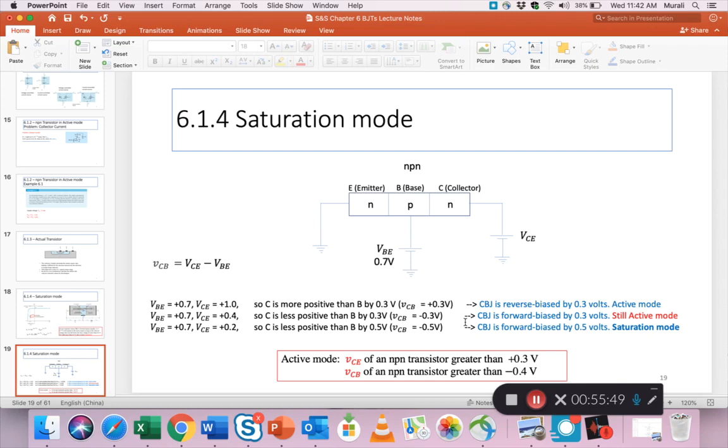That means VCB is becoming more and more negative, which is forward biasing. The more negative it becomes, the N region gets the negative voltage, the B region gets the positive voltage. That junction is becoming forward biased more and more. We're actually entering saturation. I hope these inverse relationships are something you are able to follow and understand, because this is crucial to appreciating all the inner workings of the BJT.